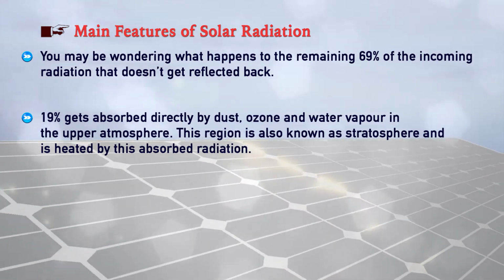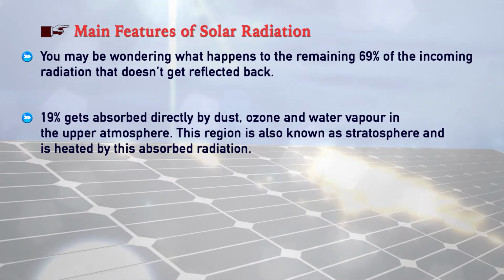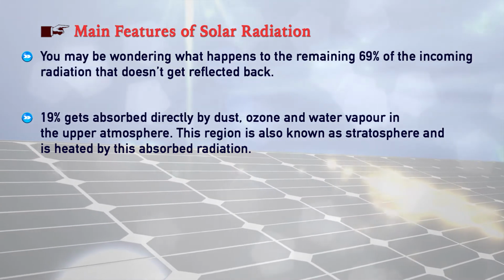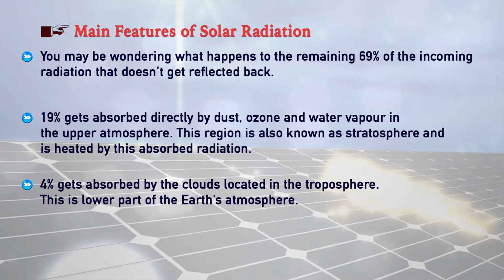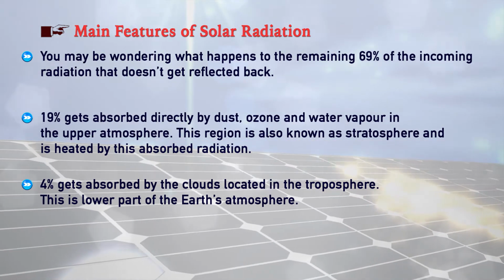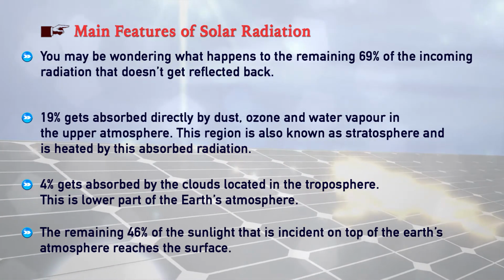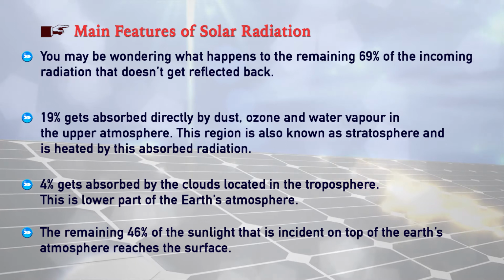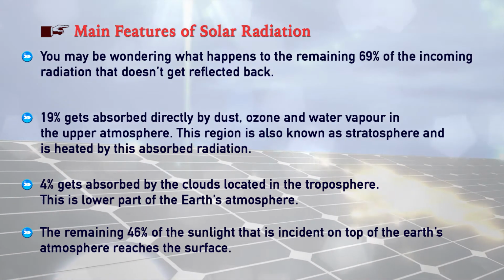This region is also known as the stratosphere and is heated by the absorbed radiation. 4% gets absorbed by the clouds located in the troposphere, which is the lower part of the Earth's atmosphere. The remaining 46% of the sunlight incident on top of the Earth's atmosphere reaches the surface.